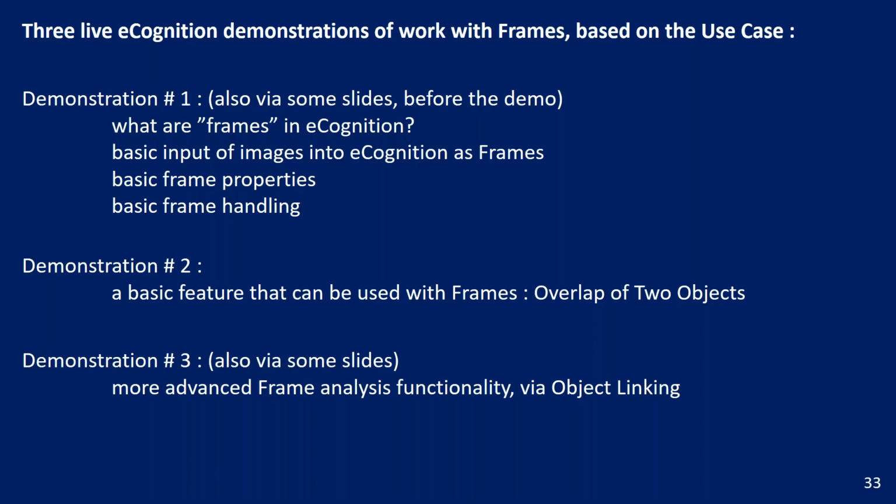The third demonstration is the most developed, and that's really the state of the art with this whole application that I'm doing for my colleague. That's where we are at the moment. That's the more advanced frame-to-frame analysis using links, object linking.